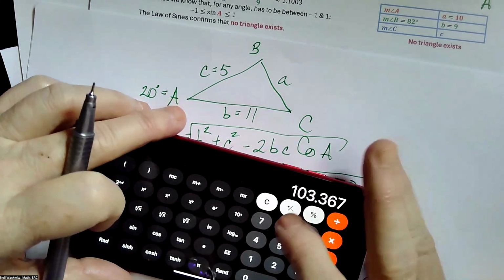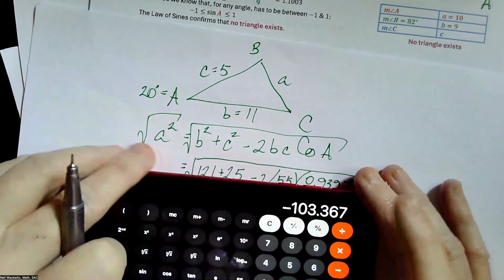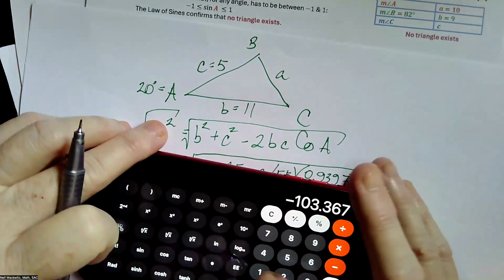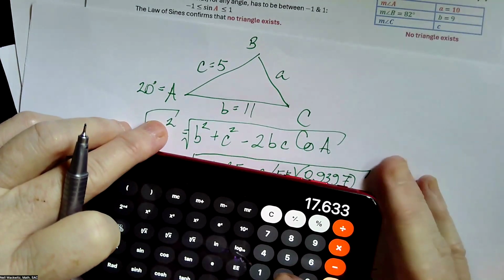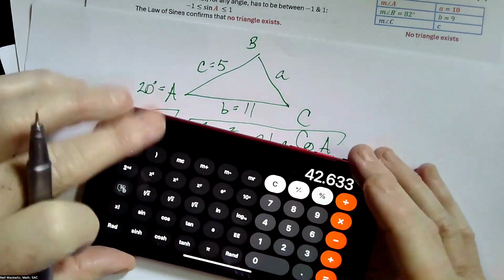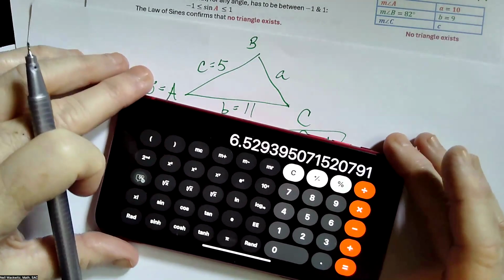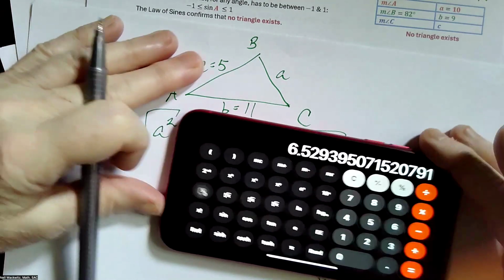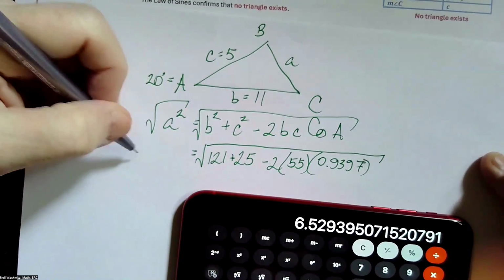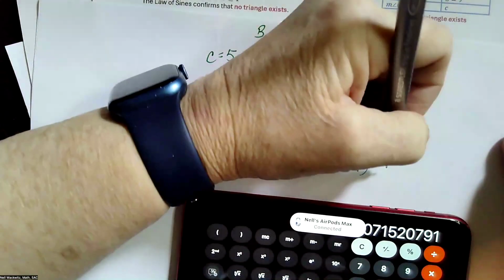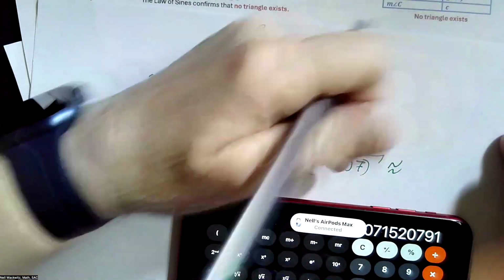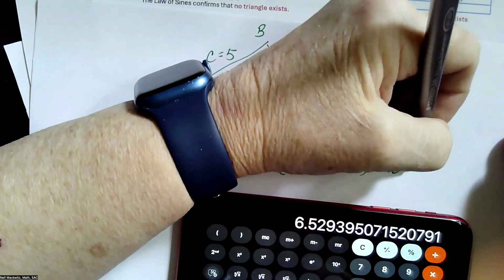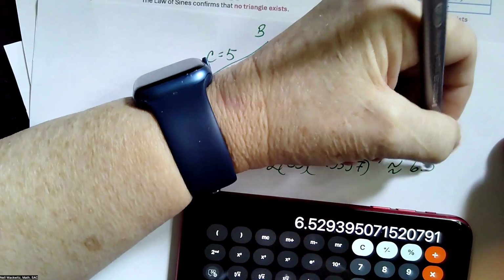Okay, there we go. Negate that and add it to 121 and 25. Take the square root and we get 6.5. So A is approximately 6.5.